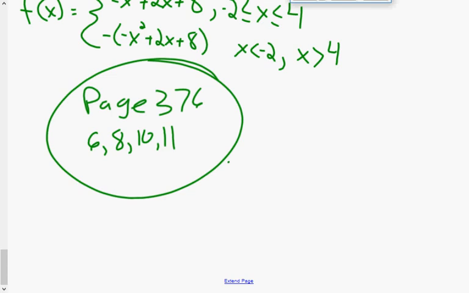There's A, B, C, D of each. 6 and 8, you could do like A, C, E. They're just getting the sketches down and the domain and ranges. Okay? And the intercepts. The piecewise stuff is 10 and 11. 10 and 11 are going to be the harder parts, getting the piecewise functions right. Okay? So give those a shot.